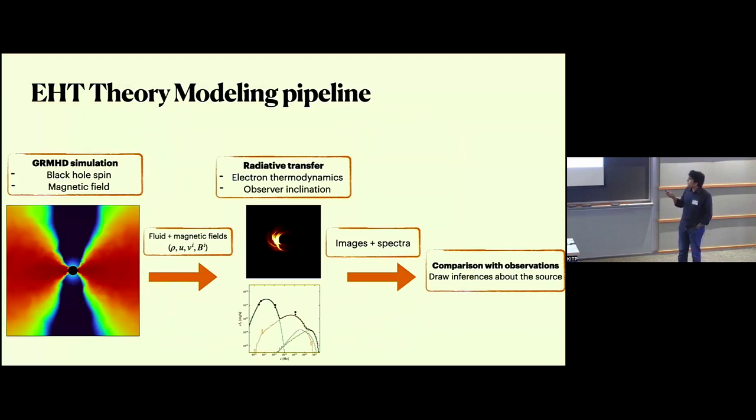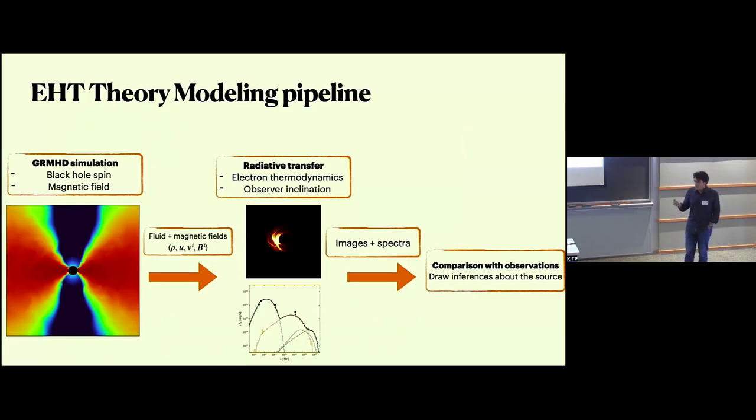Okay, now let me do a quick overview of the way the Event Horizon Telescope goes about the theoretical interpretation of these observations. You run a bunch of GRMHD or fluid simulations of black hole accretion, and these have some independent model parameters, which have to do with the black hole spin and the strength of the initial magnetic field.